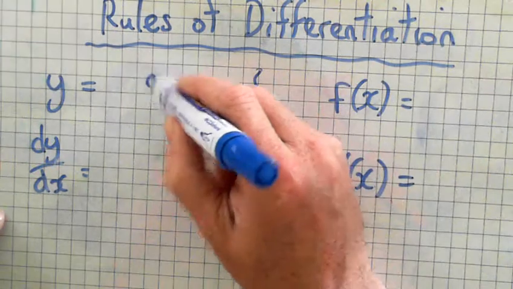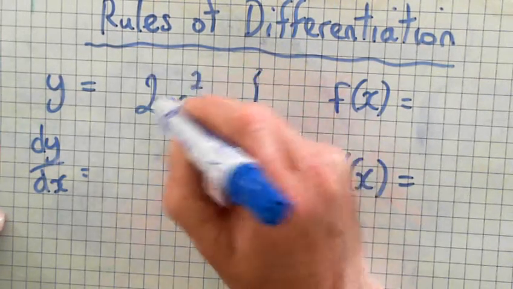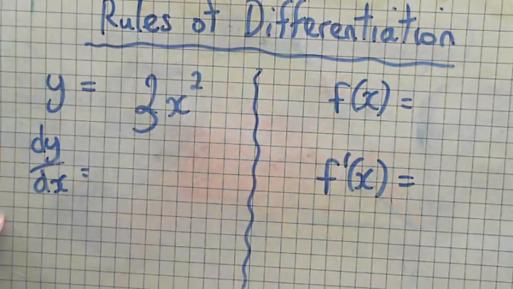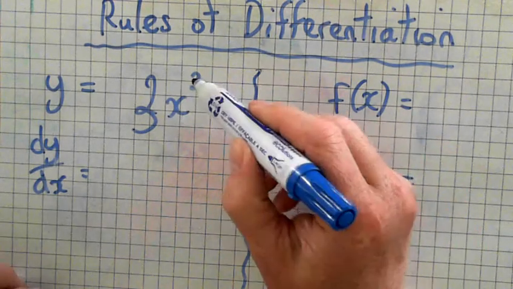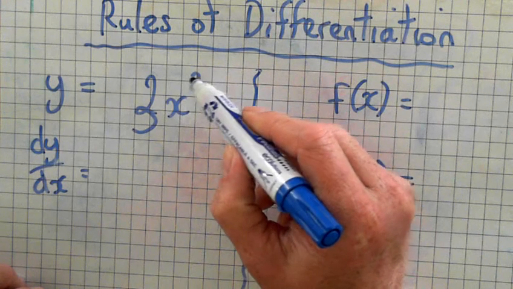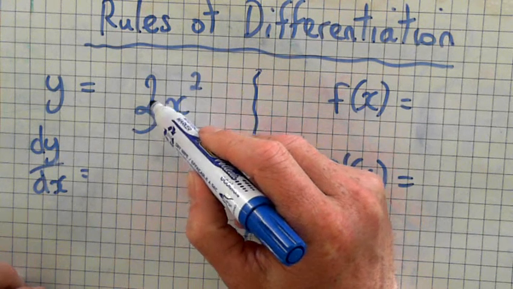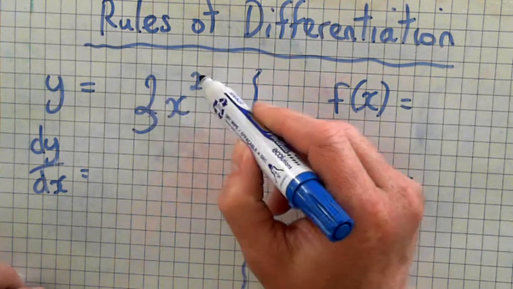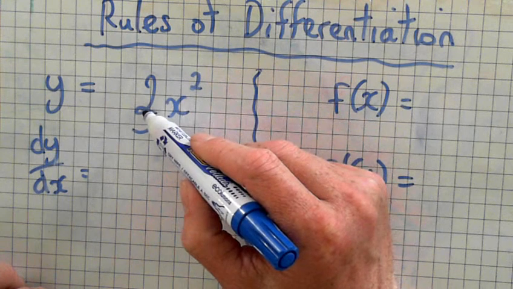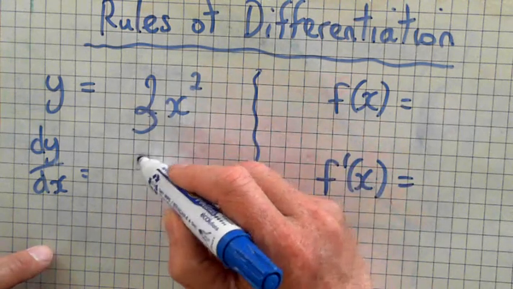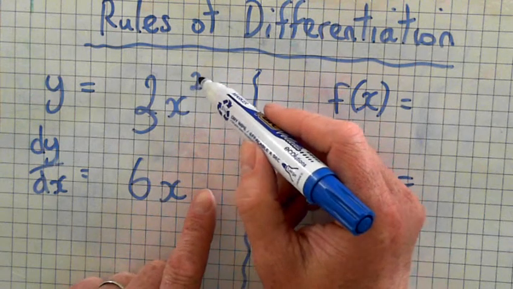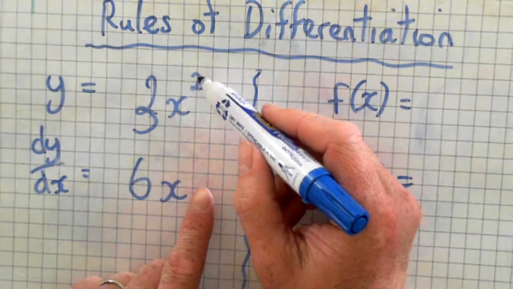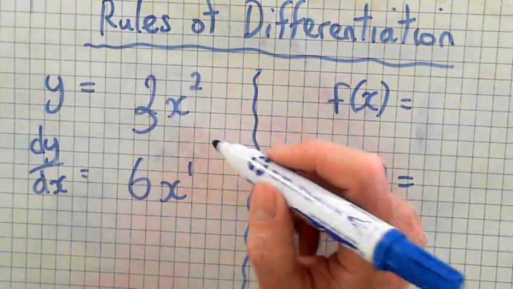Let's say I have 3x squared. There are two steps at this point. First of all, you multiply the power times the number in front of the x. That's called the coefficient. Power times the coefficient: 2 times 3 is 6x. The second rule is reduce the power by 1. 2 minus 1 is 1.